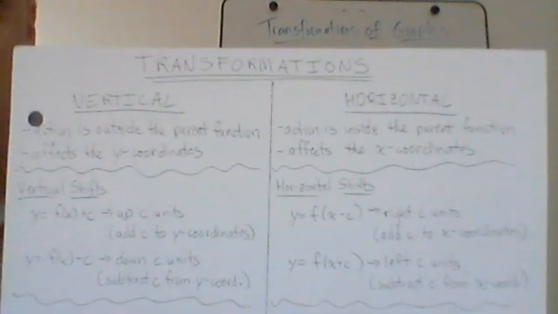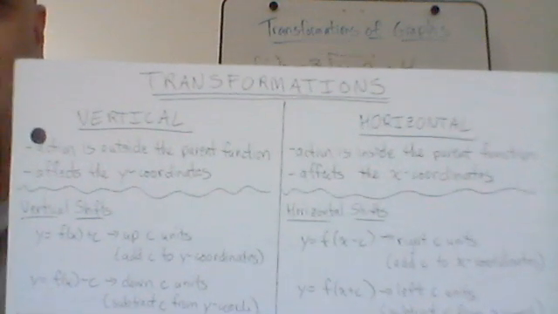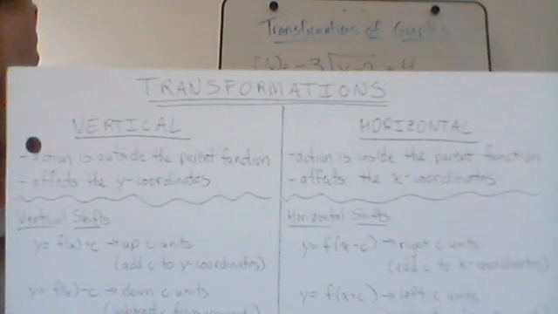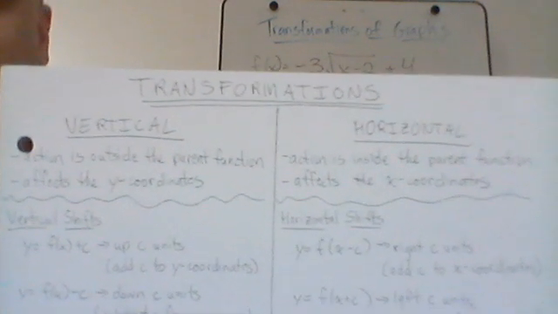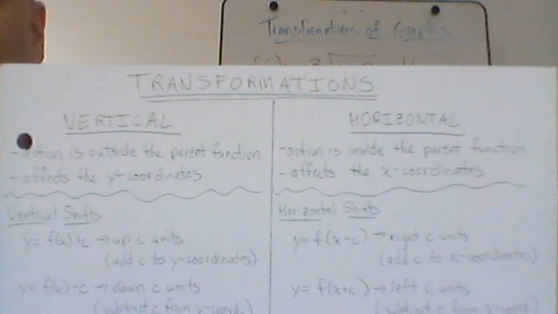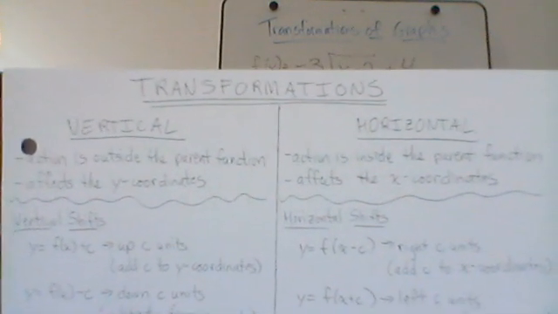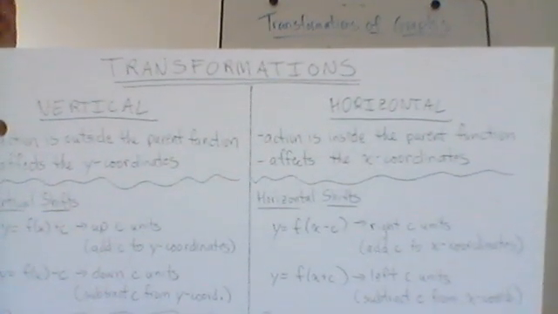Right. For the vertical side, when you're doing transformations that affect the vertical, all the action is happening outside of the parent function, right? Numbers get added or subtracted or multiplied, or you have negatives outside of the parent function, and it affects the y coordinates of the graph of the parent function. On the other side, for the horizontal transformations, all the action is happening inside the parent function, right?